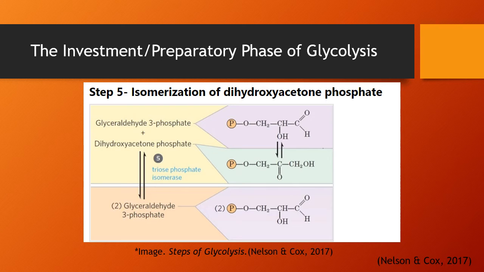And at this point, due to the fact that the dihydroxyacetone phosphate is equally in a state of being glyceraldehyde 3-phosphate, it can be said that at the end of the preparatory phase, the original glucose molecule has been yielded into 2 molecules of glyceraldehyde 3-phosphate.